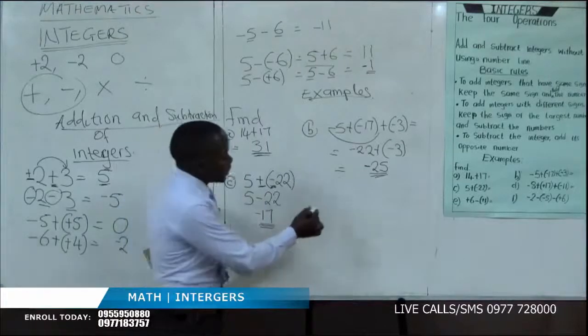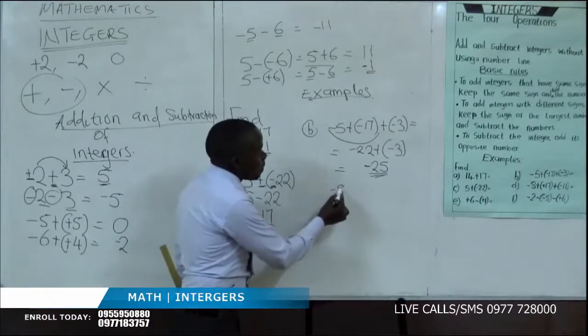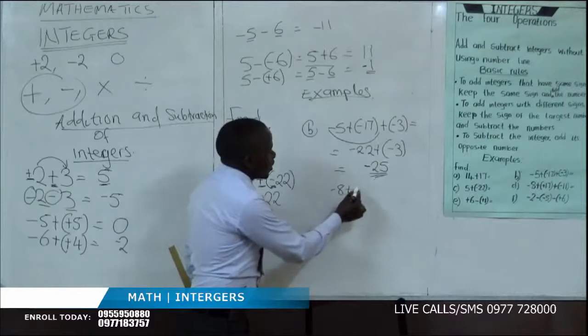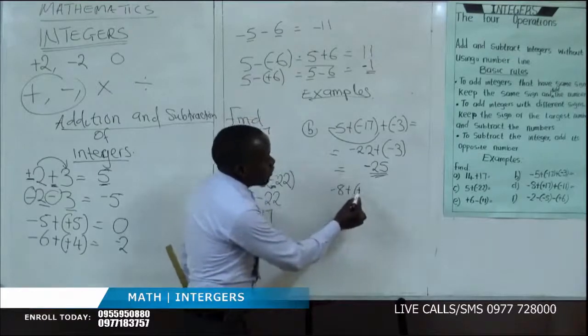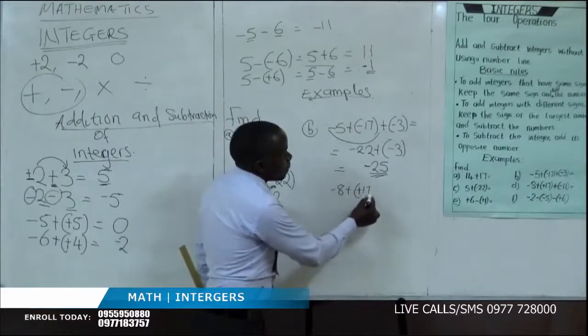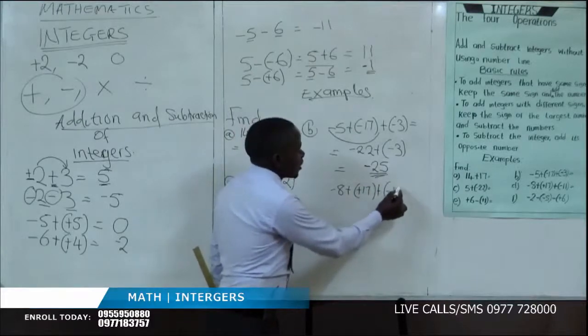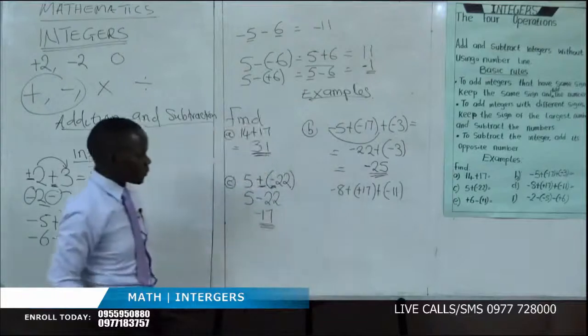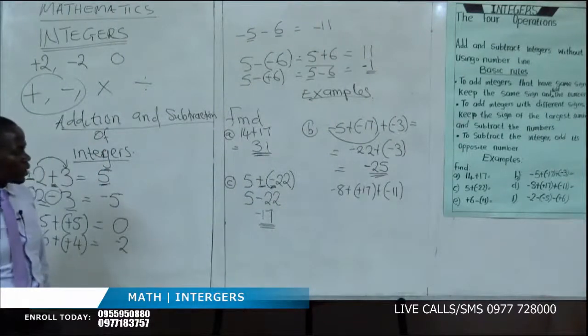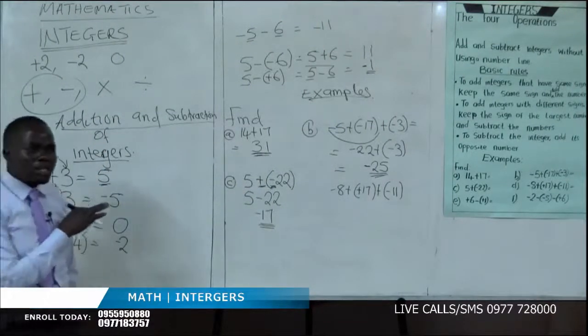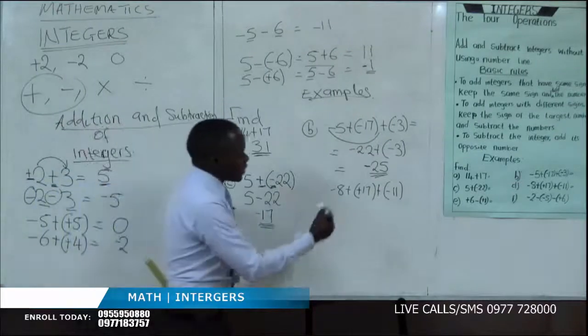What does it say? It says negative 8 plus positive 17 plus negative 11. So when you have got such kind of question, do not just go direct and write your answer.